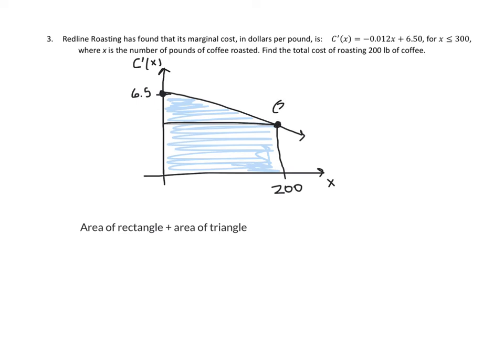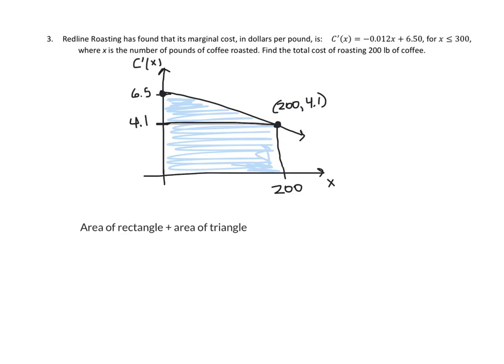So this is c prime of x when x is equal to 200. If we plug 200 into the derivative function, what we get is 4.1. So that tells us what this is along the y-axis, which is 4.1. So that gives us the height of the rectangle.